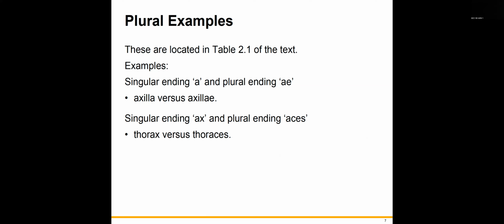Singular is changes to es, which is going to be referred to diagnosis becoming diagnoses. All right. So on the slide here, I provided for you axilla versus axillae. So axilla is singular, axillae is plural, right? And from our previous example, ax is going to be singular versus aces is going to be referred to as plural. So thorax versus thoraces.